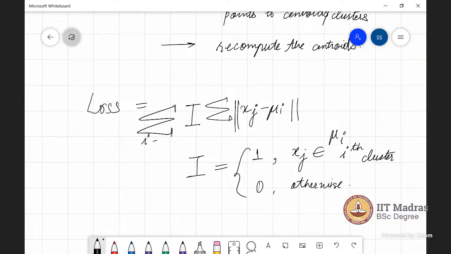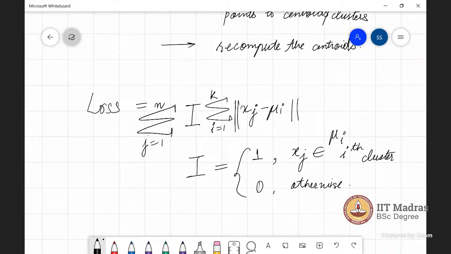So j varies from 1 to n, which is the number of samples, and i varies from 1 to k, which is the number of clusters. So this is the formula we use to compute loss.